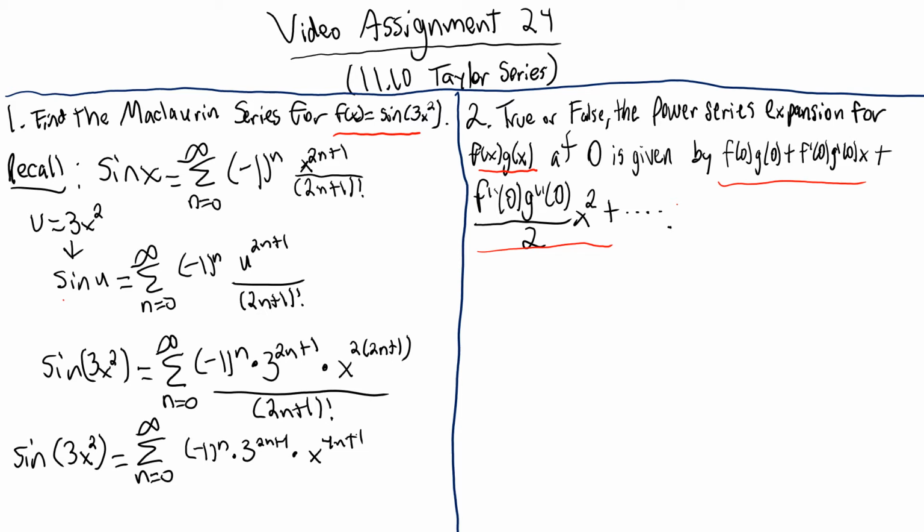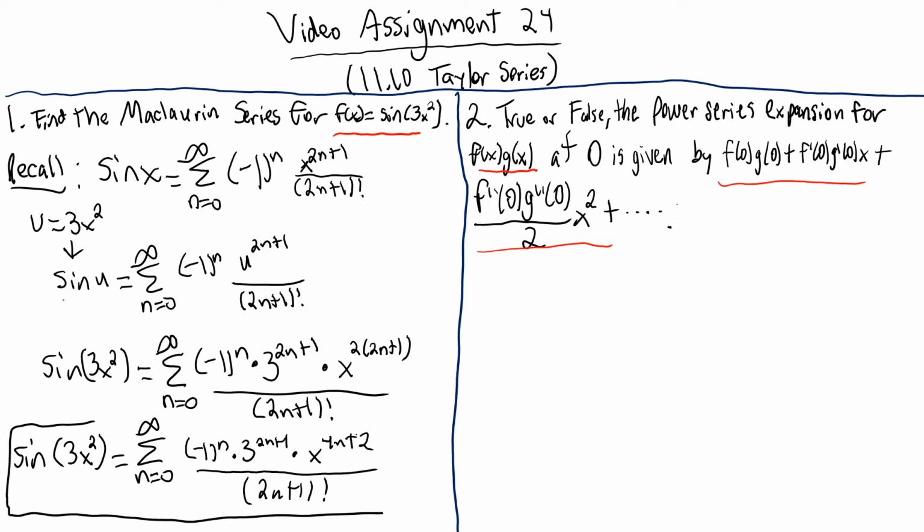Oh, I'm sorry, it wouldn't be 4n plus 1, it would be 4n plus 2, because 2 times 2n is 4n, and then 2 times 1 is 2. So we have all of that still over 2n plus 1 factorial, and this would be your answer for the first problem.